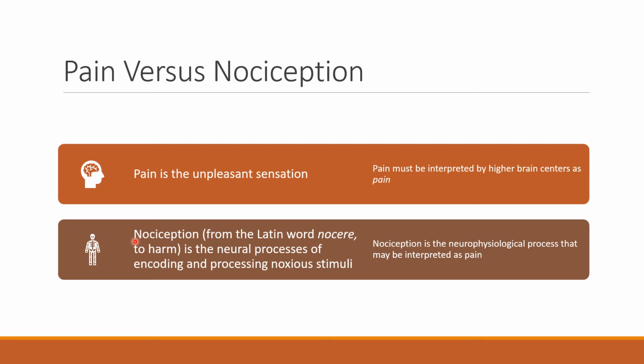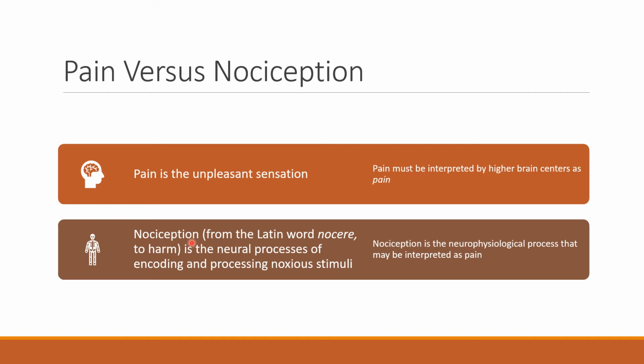And so we call that nociception, right? This is going to be the neural component of encoding and processing noxious stimuli, right, or painful stimuli. So until the stimuli gets encoded, processed, and then eventually interpreted by the brain, we're going to call it nociception.